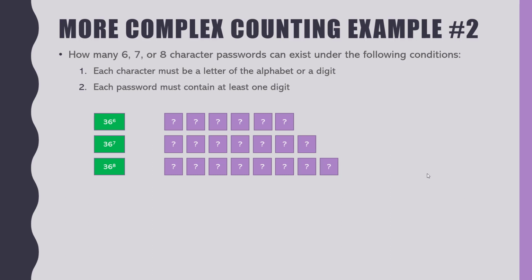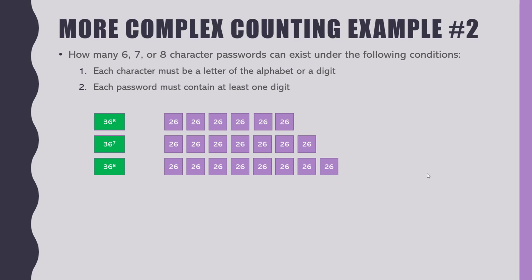So what do we subtract out of this? What's the first question mark? What's any of those question marks? Yeah, it's 26. Because if I take 26 to the 6th, let's just pick the first one, what does that tell me? That is a password that is only letters.